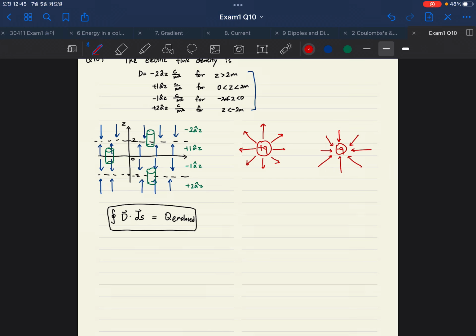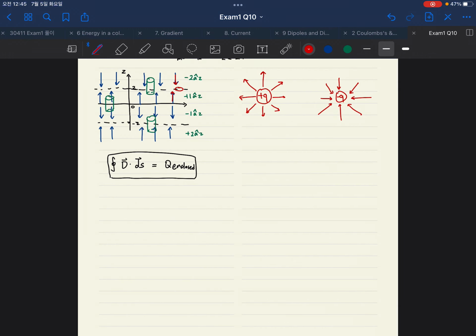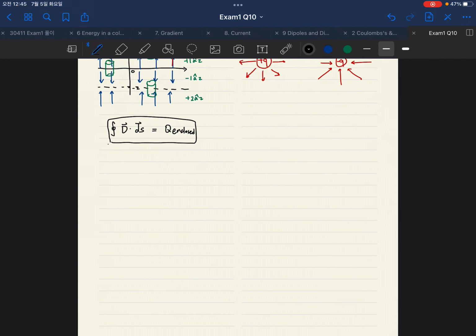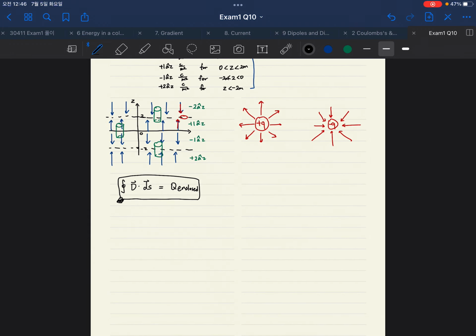So if we see the line z equal to 2, the flux is gathering, so we can say this is a negative charge. I'm going to apply the charge enclosed equation right here. There's a -2 and a +1. However, we know that this is going to be a negative charge, which is gathering the electric field.